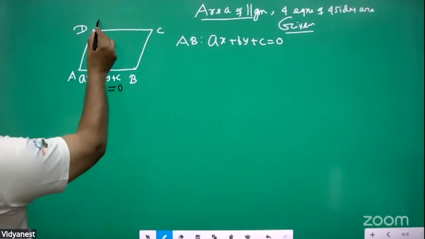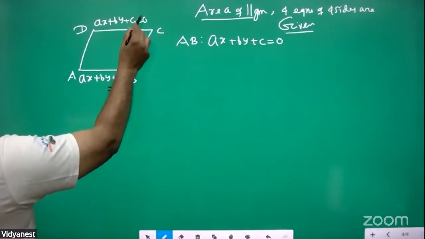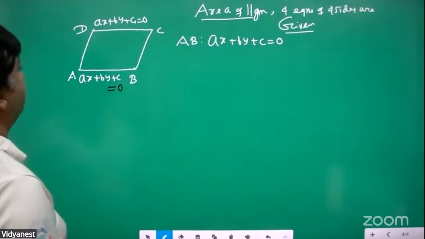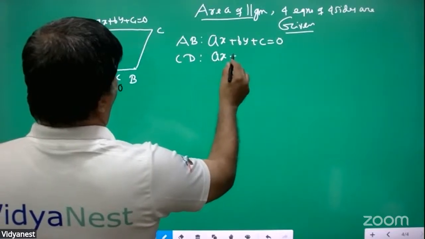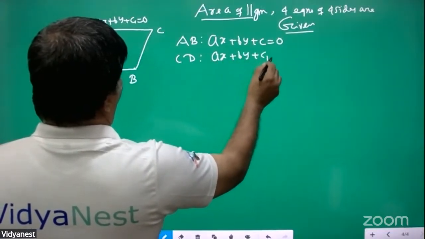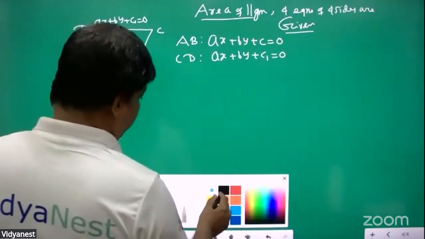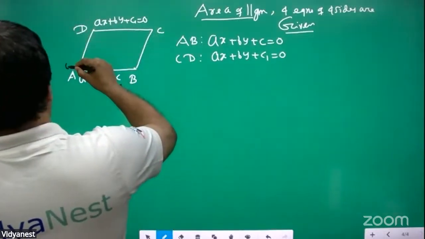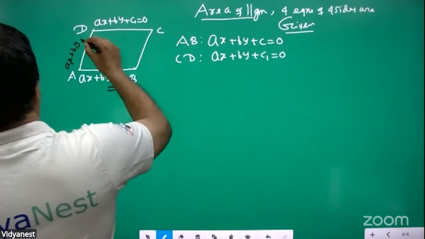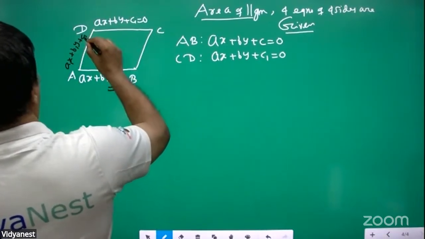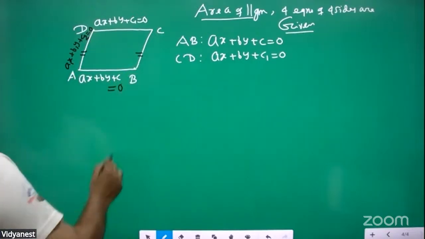So this line is parallel to this, C1 is equal to 0. So CD. AD is what? AD I am letting A1x plus B1y plus C2 is equal to 0. So this line is parallel to this.